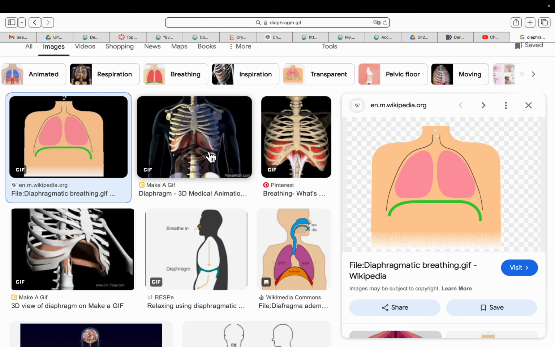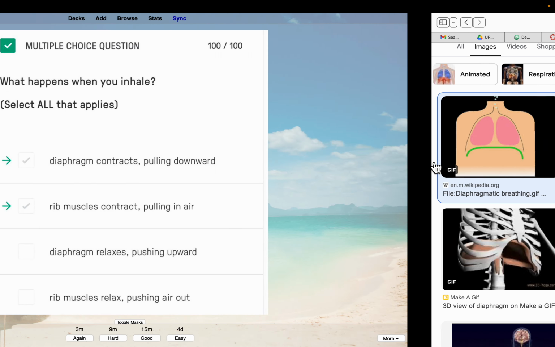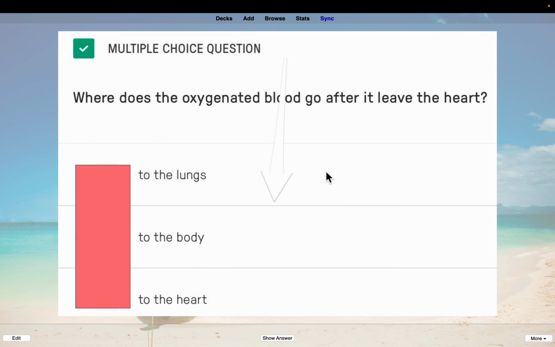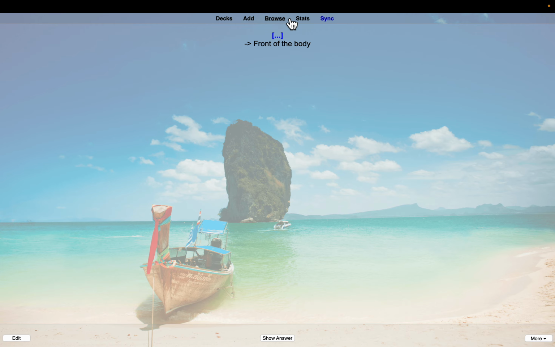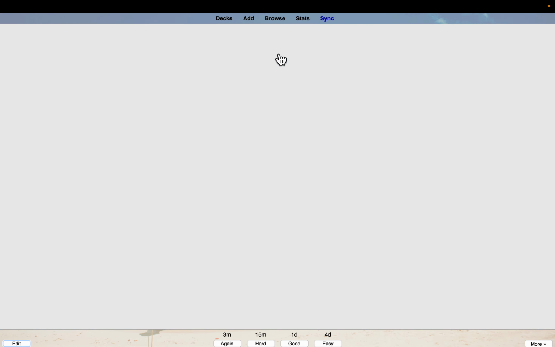So when it pulls downwards, okay, so inhale, diaphragm pulls downwards, and when it exhales, it pulls upwards. Okay, makes sense. Where does the oxygenated blood go after it leaves the heart? To the body. Front of the body, ventral.